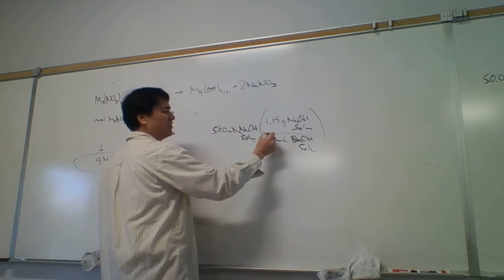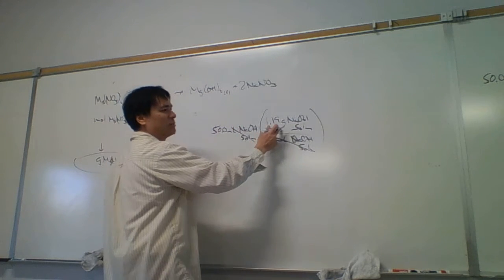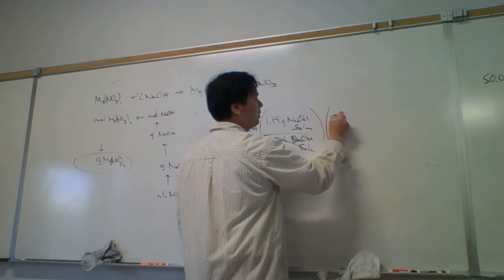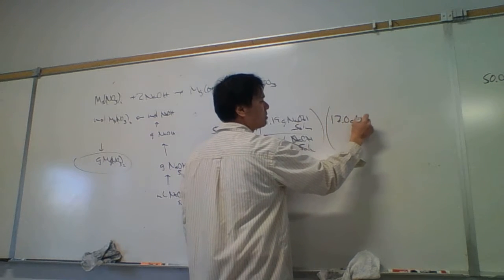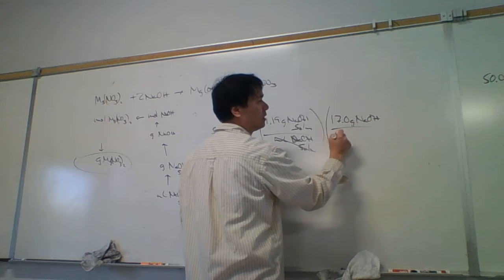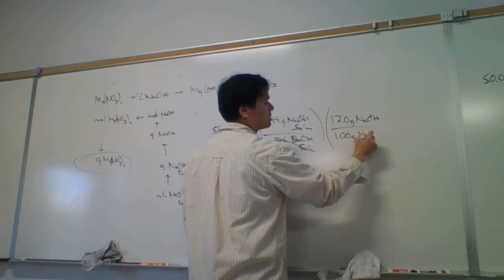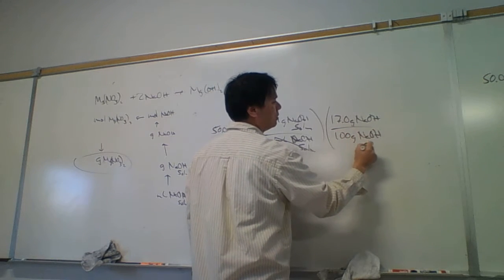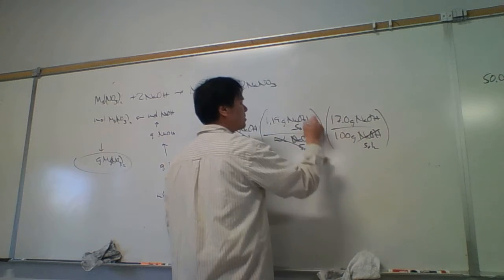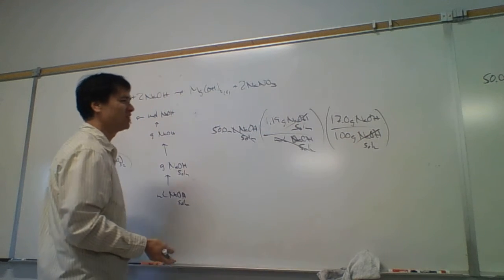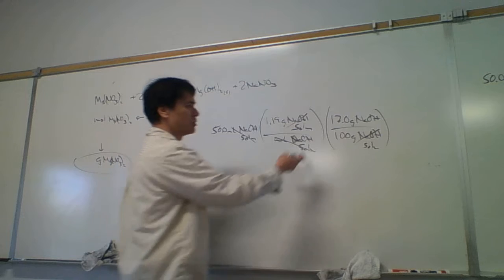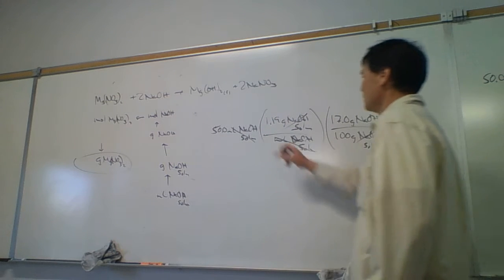So milliliters of sodium hydroxide solution cancel. That leaves us grams of sodium hydroxide solution. Then we'll go 17.0 grams of pure sodium hydroxide for every 100 grams of sodium hydroxide solution. So grams of sodium hydroxide. Now we're no longer in the mixture, but we know how many grams of pure sodium hydroxide there are in this 50 milliliters.